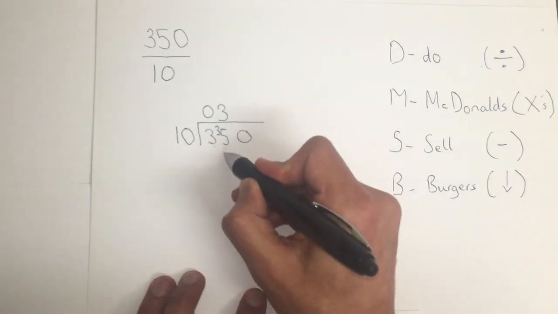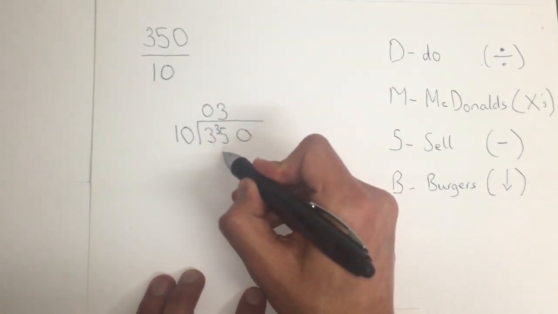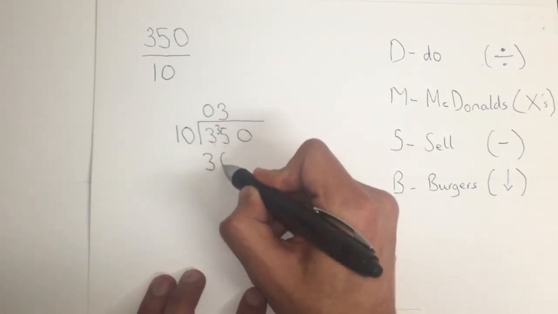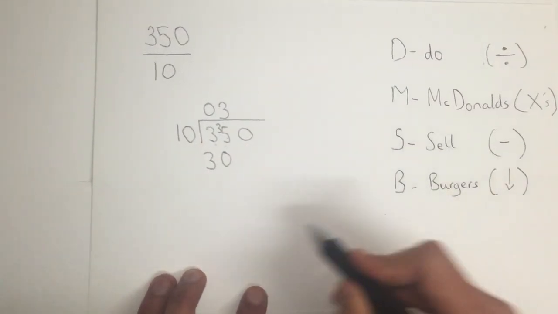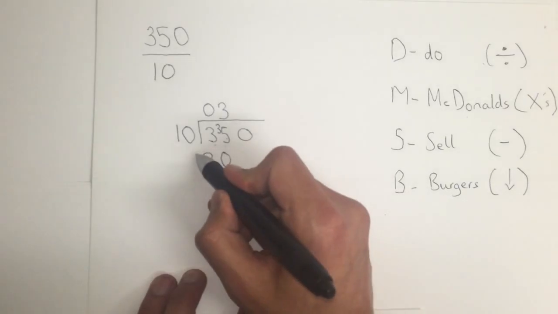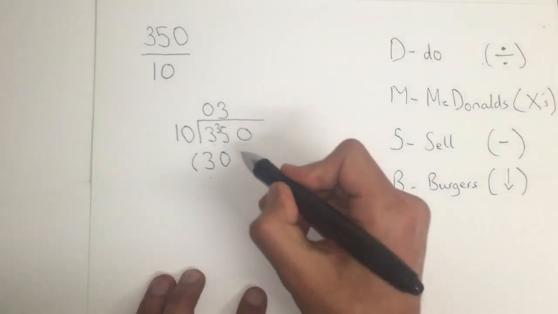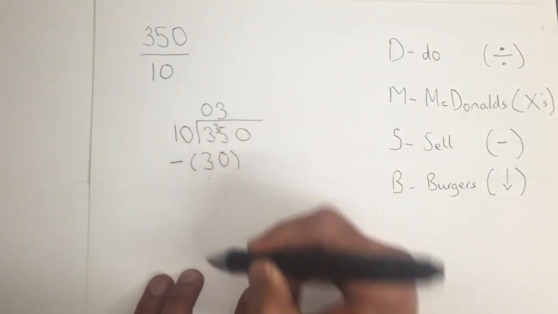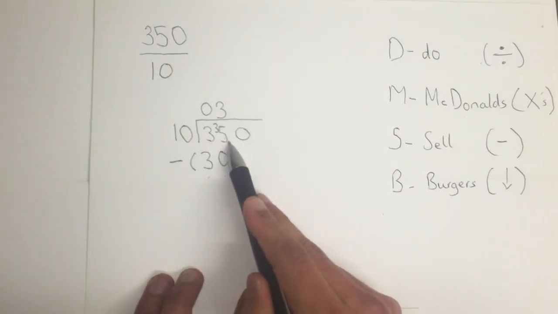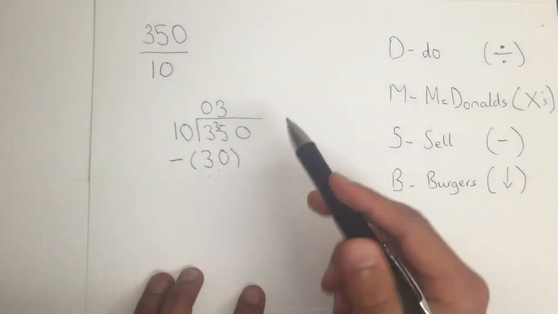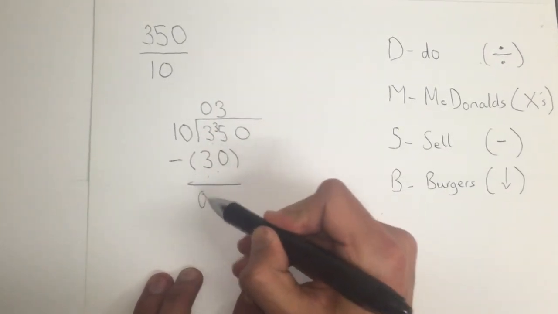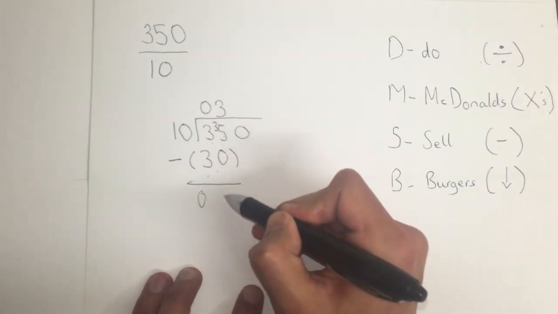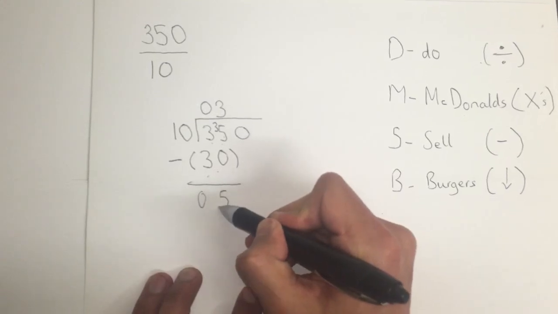So that gives you 30. Okay, now moving on to subtraction. Just to make it a little easier, I like to put my number over here in brackets with a minus sign here. So 35 minus 30, 3 take away 3 is 0, 5 take away 0 is 5, and that's it.